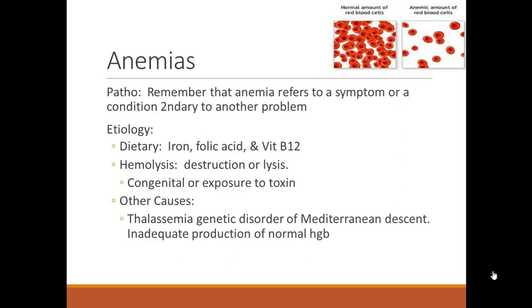Might be at birth, or a toxin they're exposed to. And then there's other causes like thalassemia, where the red blood cells' structure is impaired. People with thalassemia need frequent blood transfusions, and generally their life expectancy isn't very long.